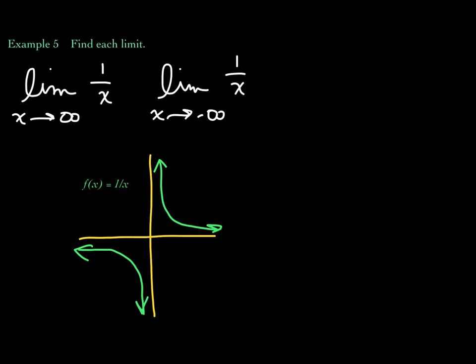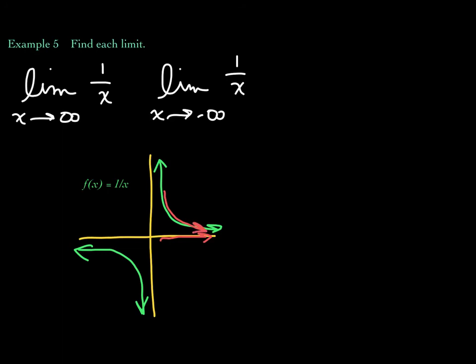Here's the graph of that basic reciprocal function 1 over x. Now, as x values get arbitrarily large, and I can show that here, as x values go in that direction, your function values are approaching 0.